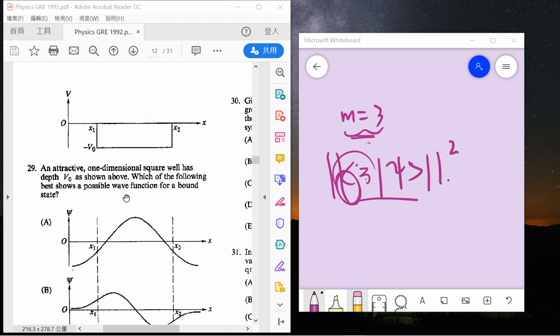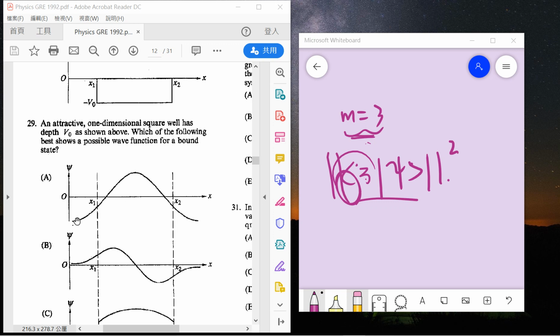Well, 29 asks about an attractive well, and it asks about bound states. Remember that when you have a bound state, in the middle the wave function should be sine or cosine, and when you're out of the well, your total energy becomes negative, so it's an exponential decay.